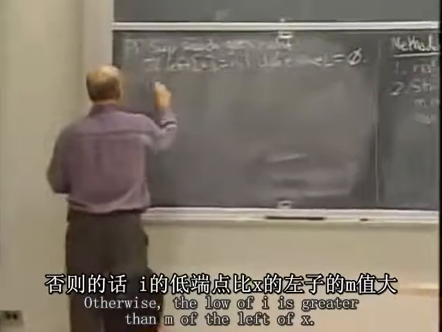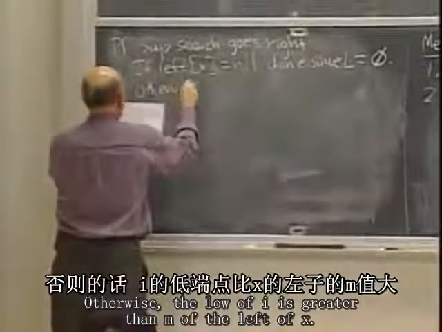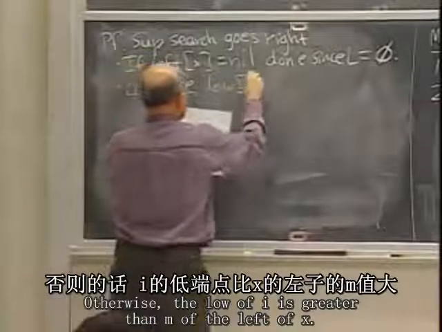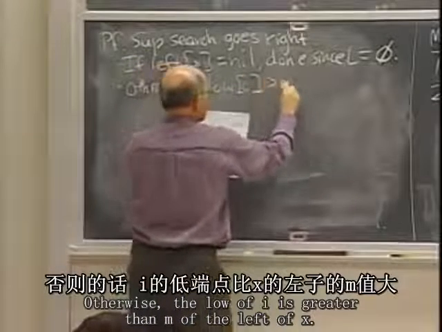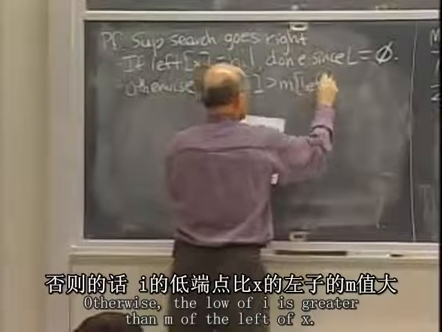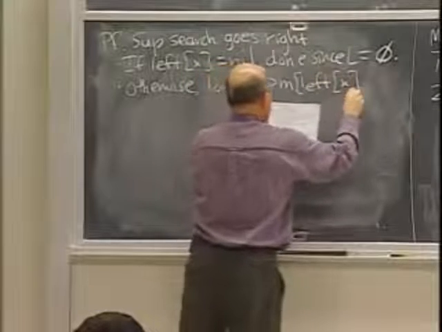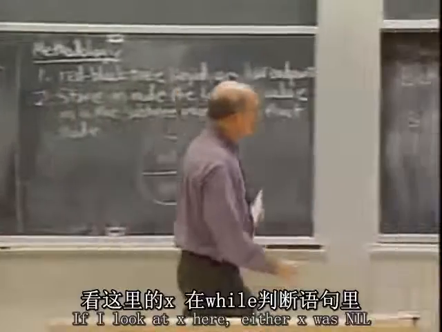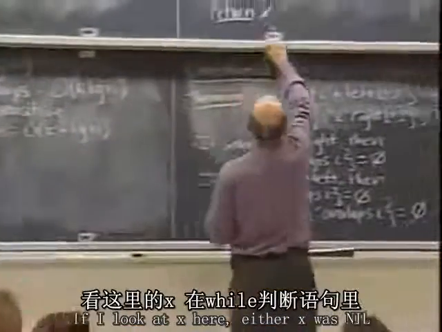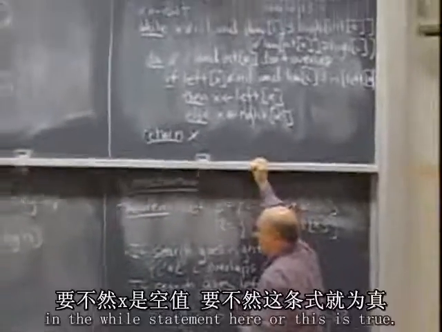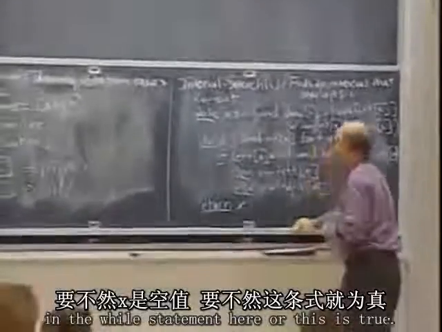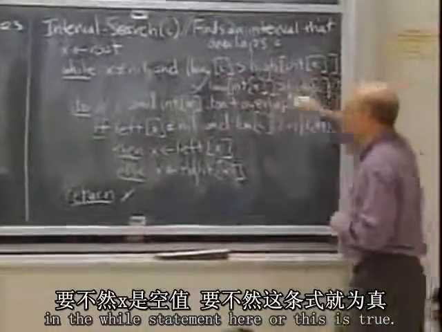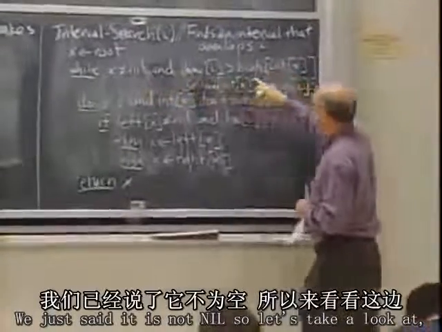Otherwise, we have that the low of I is greater than m of the left of x. So if I look at x here, either x was nil in the while statement, or this is true. We just said it's not nil.